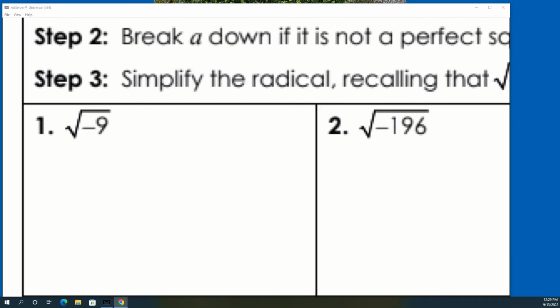So I'm going to show you mathematically why this works. And then after this example, we're just going to do it and not have to do it mathematically. So what I'm going to do on the square root of negative 9 is break this apart to the square root of 9 times the square root of negative 1.